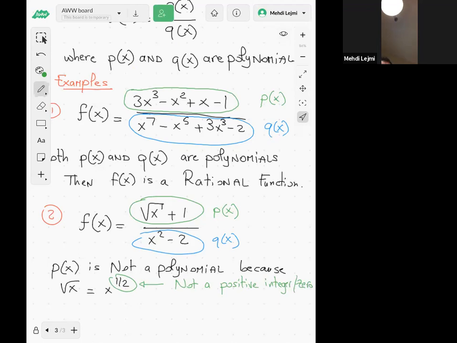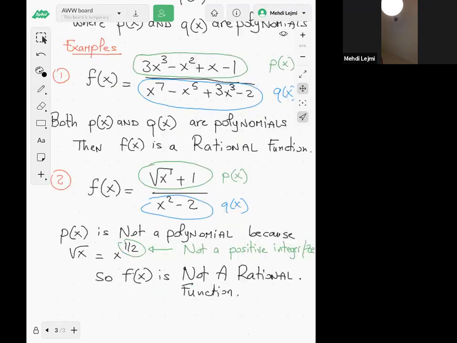So f of x is not a rational function. I don't know why I keep saying polynomial. So f of x is not a rational function.